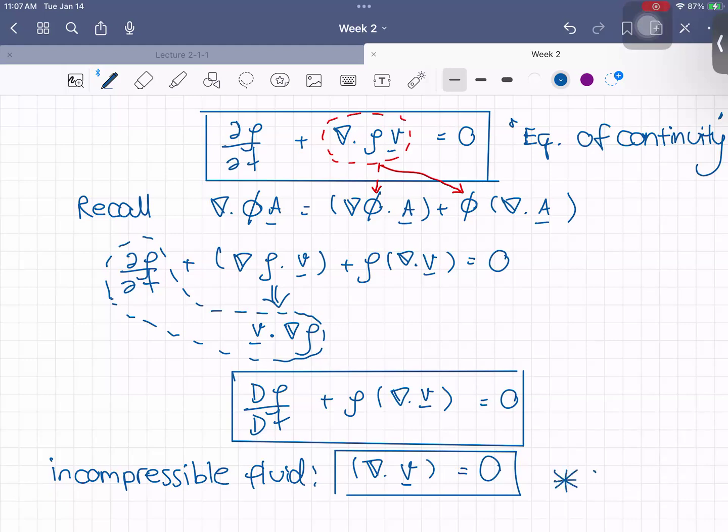This is very, very important. It can be used only for incompressible fluid, all right? That means that the density doesn't change with anything at all, not with time, temperature or pressure. Most incompressible fluids are, for example, liquids, and maybe a few examples of gas too, but mostly liquids.